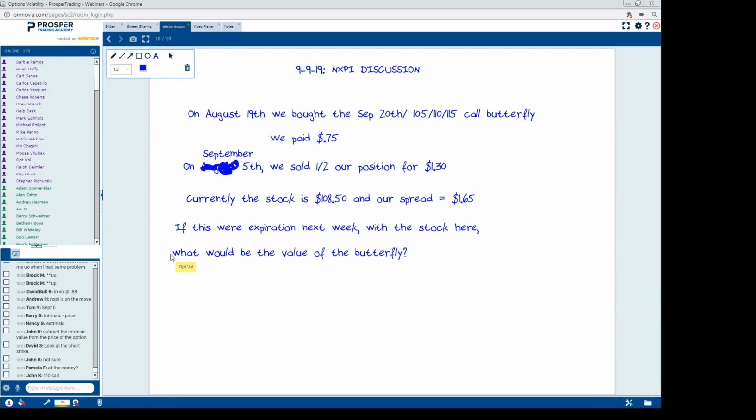So if this were next Friday at expiration, and the stock was still 108.50 right here, what would this butterfly be trading? Anybody? How do we determine that? Everything you need to know is up on the board here.